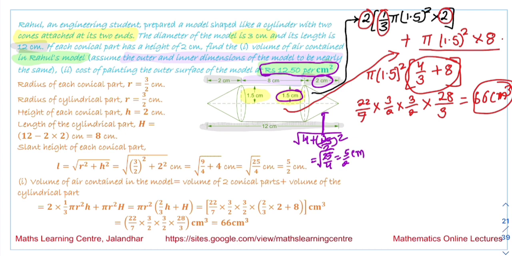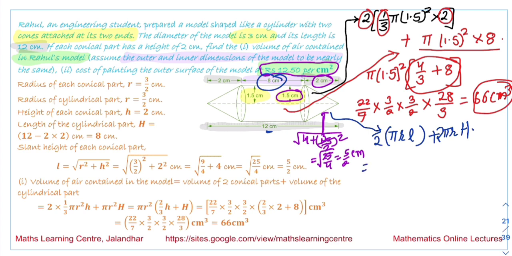So for the surface area of this complete figure, the lateral surface area of this cone, the formula we know is pi r L. How many such cones are there? There are 2 cones, and the lateral surface area of this cylinder is 2 pi r h. H is the height over here, this 8 centimeter we are talking about.